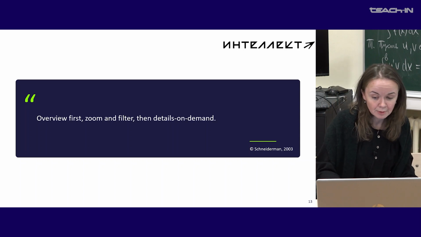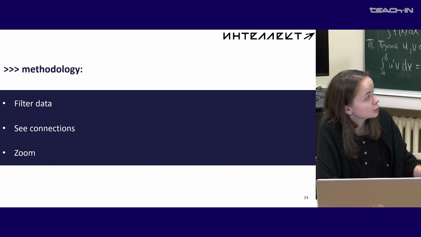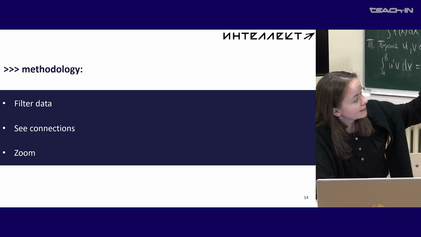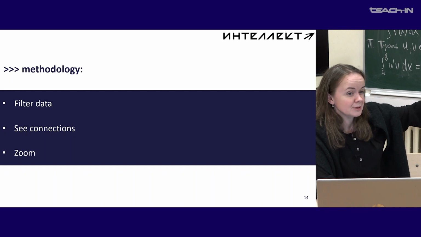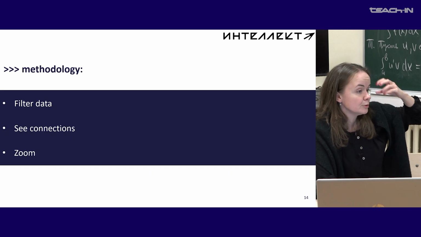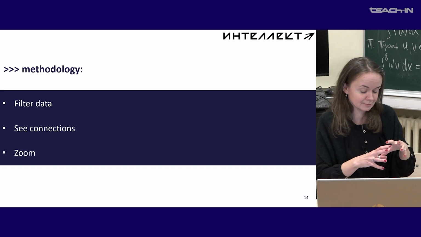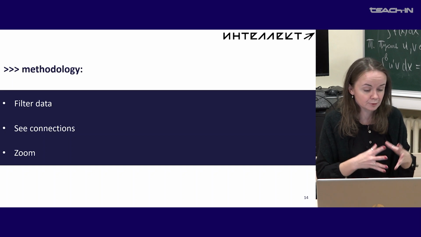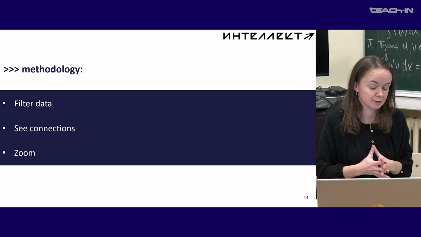Bearing this in mind, normally we follow three steps. Sometimes we start with the last step, and that's a bit misleading, because we might have the idea that I want to emphasize this or that from the research, for example, some kind of frequent words if we speak about linguistic methods.